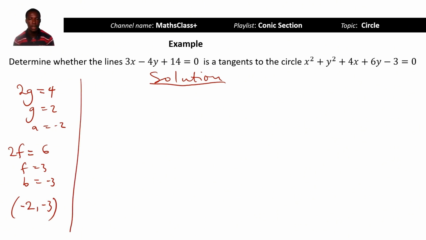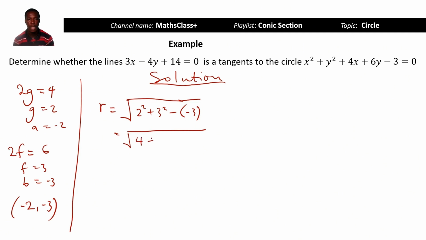With that, I can find my radius. j squared here is going to be 2 squared, and f squared is going to be 3 squared, minus c, which is negative 3. And that means I'll get 4 plus 9 plus 3.